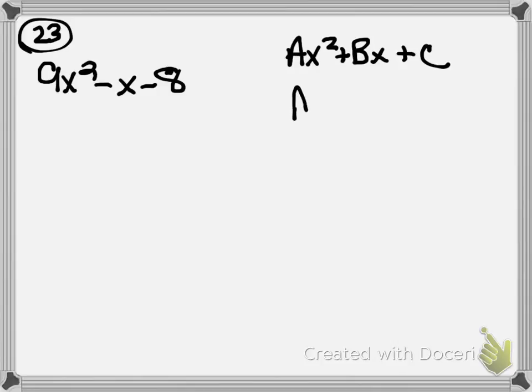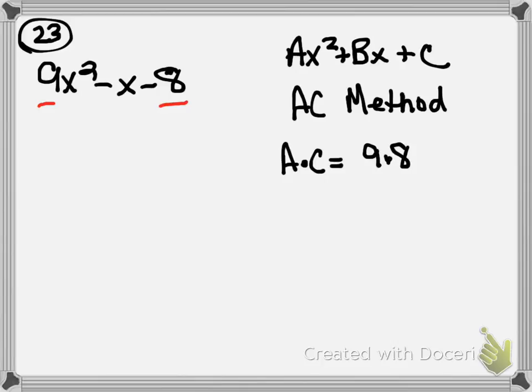The AC method uses your A and C and multiplies them. So let's look at our A and our C. A is 9 and C is 8. I don't care about this sign right now. A times C is 9 times 8, which is 72.